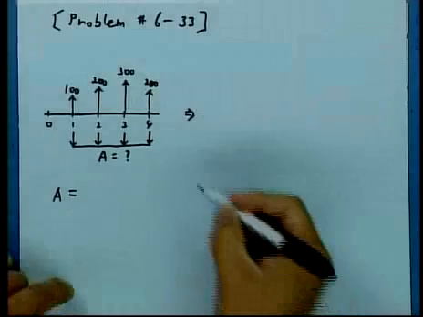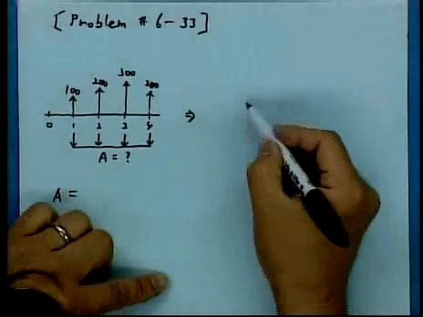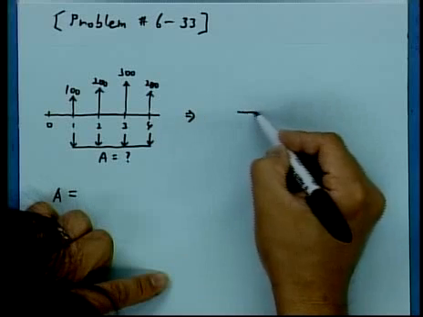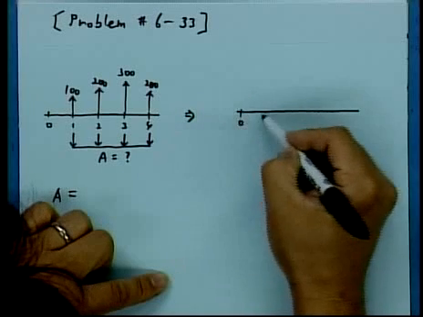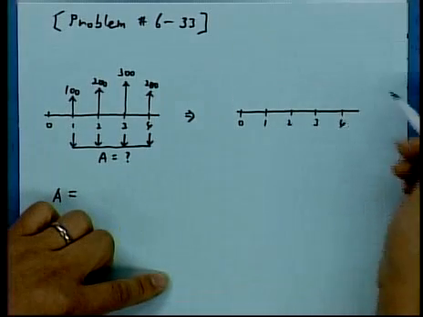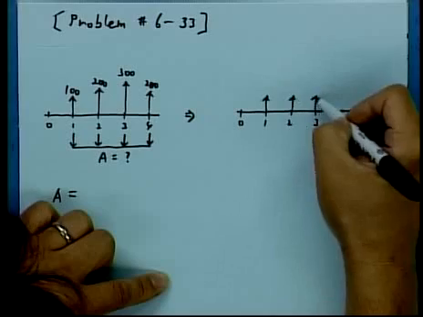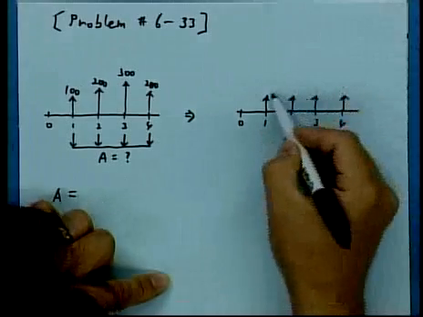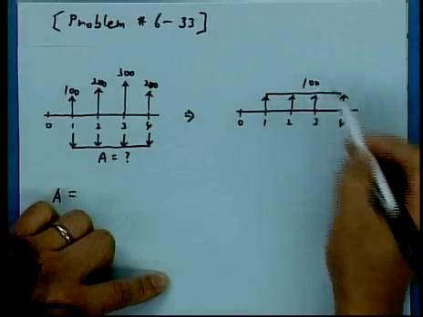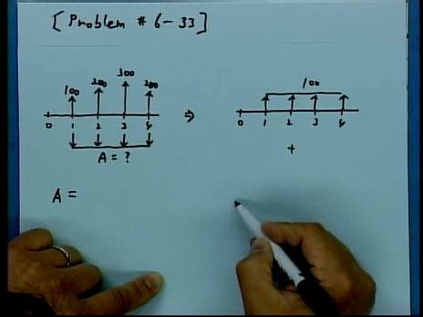First let's break it down into two components. One is the uniform series for periods 0, 1, 2, 3, 4. So take out $100 from each period, and then what is left over?